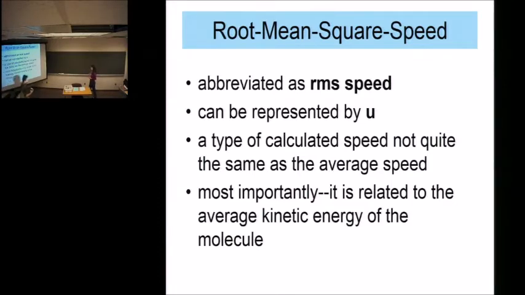Okay, so the two gases, are you ready? Okay, two gases, same temperature, same kinetic energy.